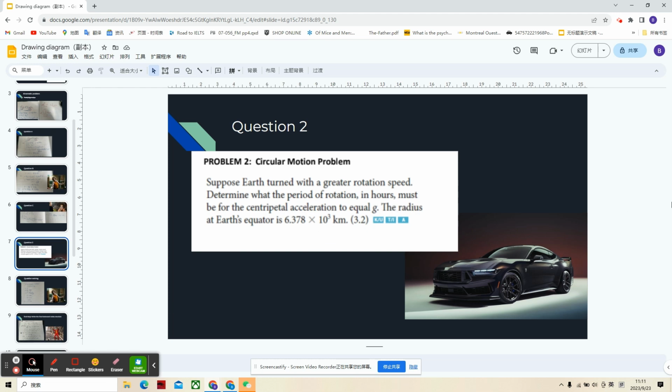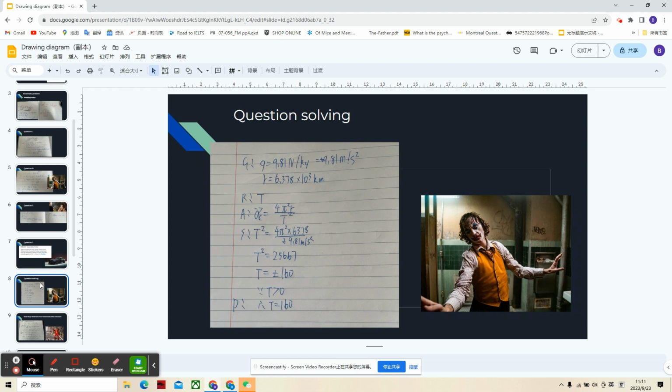Alright, so we know that the question is asking for the period, which is T. Now we move on. So according to the given conditions, small g is 9.81 meters per second squared, the acceleration for the Earth. It should be negative at first, but we will explain that in a little bit.